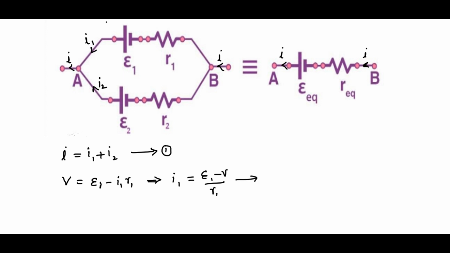Take it as equation number 2. Similarly, the potential difference between the two terminals of cell 2 we can write V equal to E2 minus I2 R2. From this, I2 is equal to E2 minus V divided by R2.